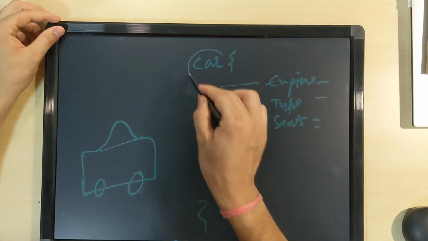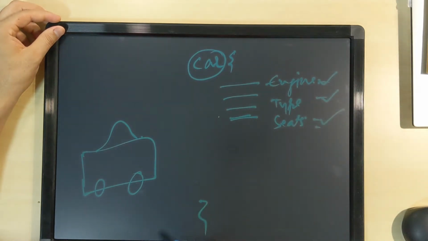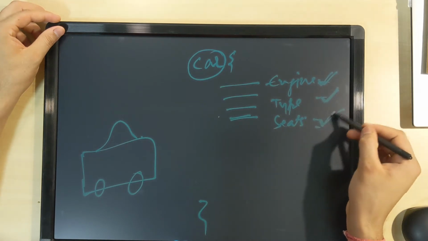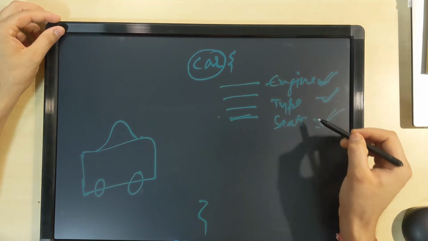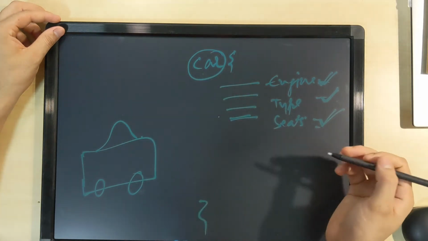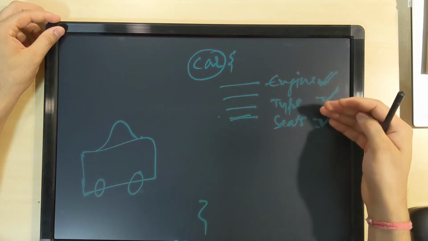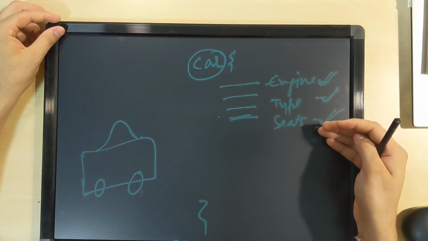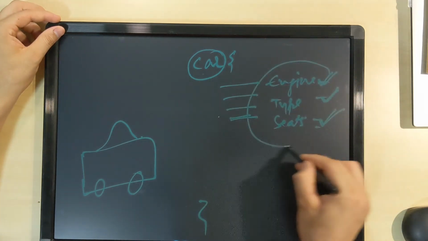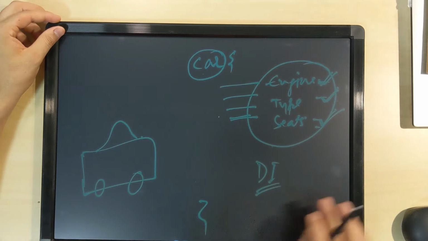To create a Car class, we need these kinds of classes, which are called dependencies. So to build the Car class, we need the help of an Engine class, a Tire class, and a Seats class, and these work here as dependency injection.